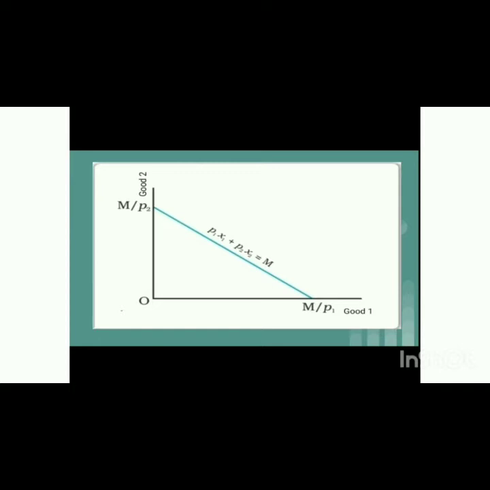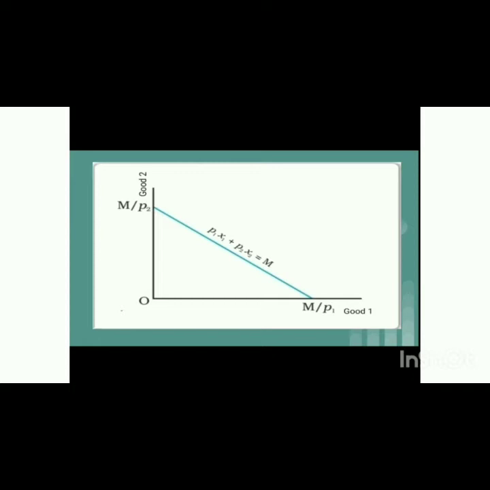Here M by P1, the horizontal intercept, represents the consumer spending his entire income on good 1, and M by P2, the vertical intercept, represents the consumer spending his entire income on good 2.